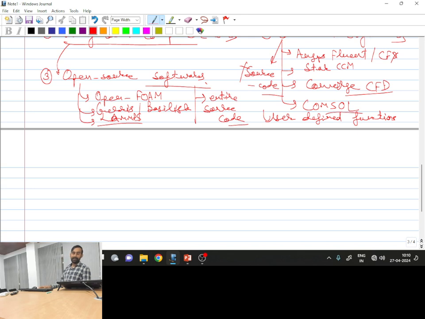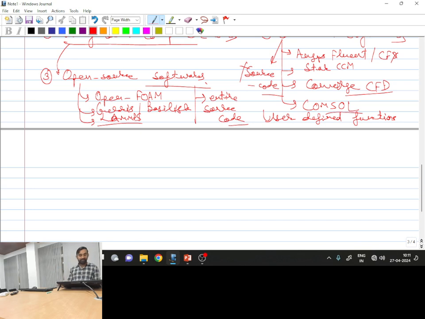The second type of community is those who use the computational tools to solve the physical problems of interest. The first type of community will only be using benchmarking cases. Their interest is not to study the physical phenomenon, but majority of the time the interest is to develop the methods. The second type of community, those who have interest to study the physical phenomenon, will try to utilize the software to solve their physical problems and then understand the dynamics of the physical systems.